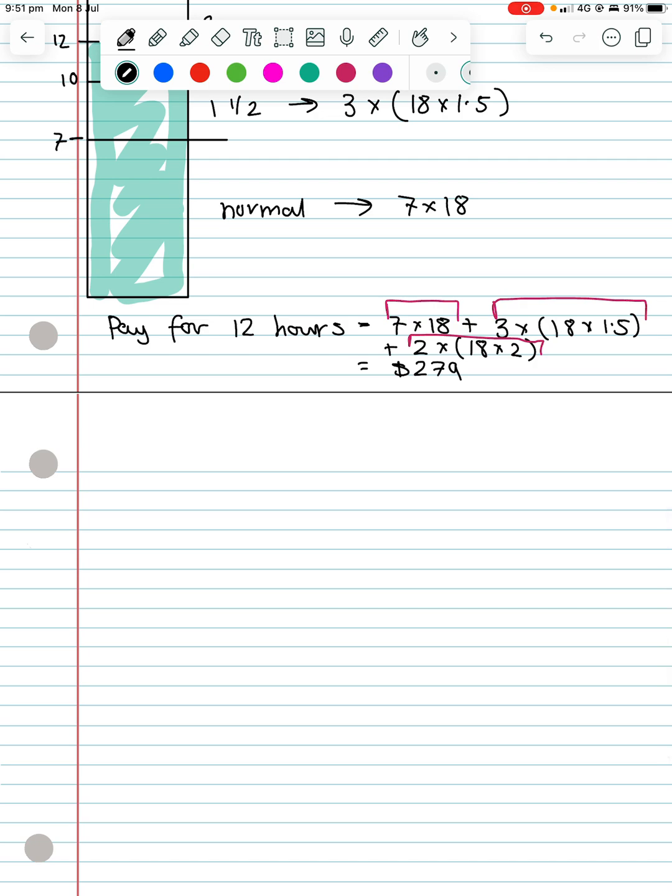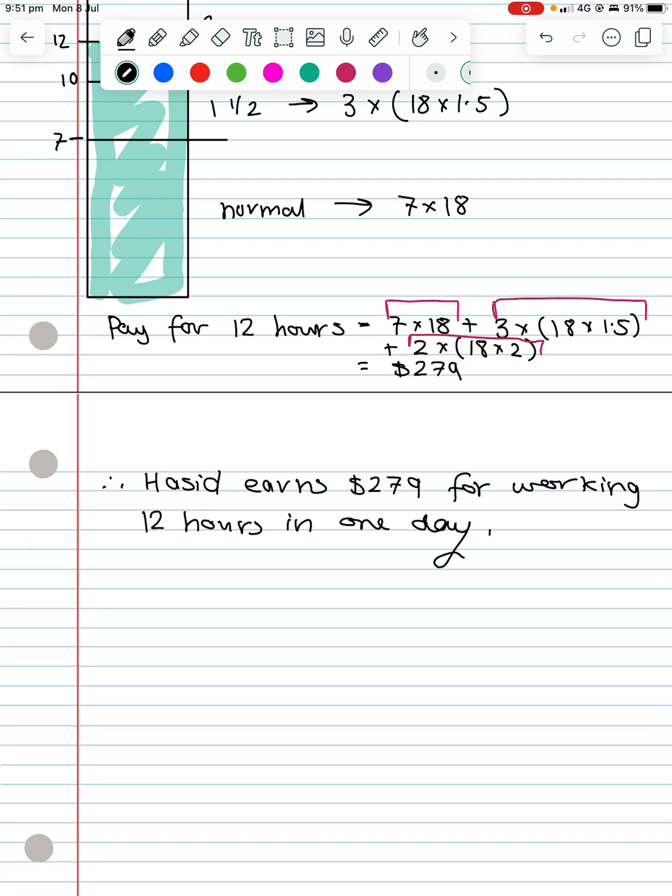So we know that we can then say, therefore, Hasid earns $279 for working 12 hours in one day. And that's it for that question.